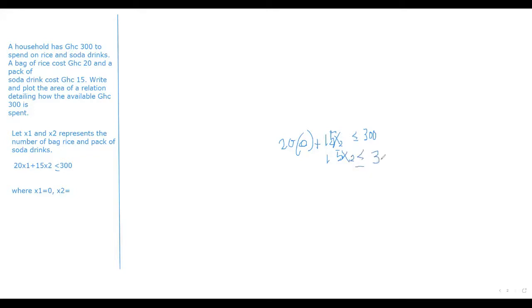Then we want the value of x2, so we divide both sides by 15. So x2 becomes 20, and the coordinates become 0, 20.